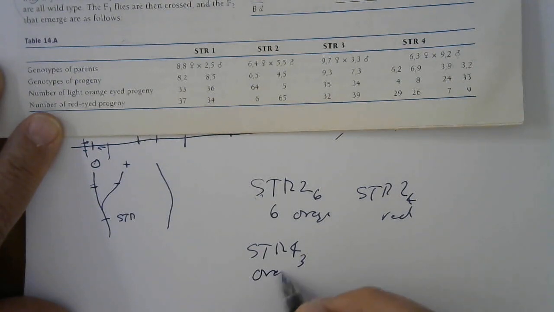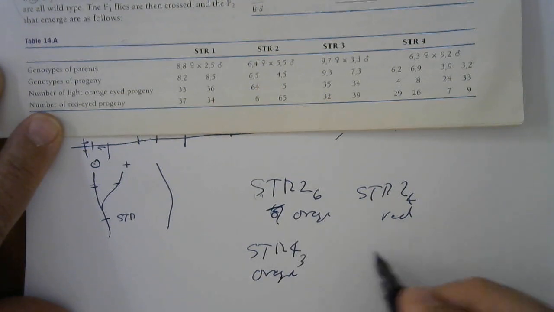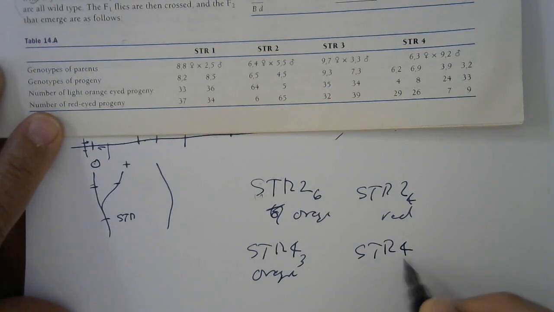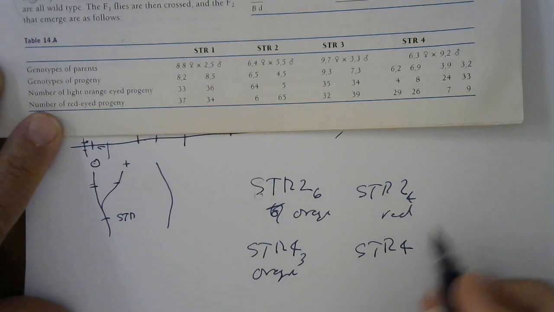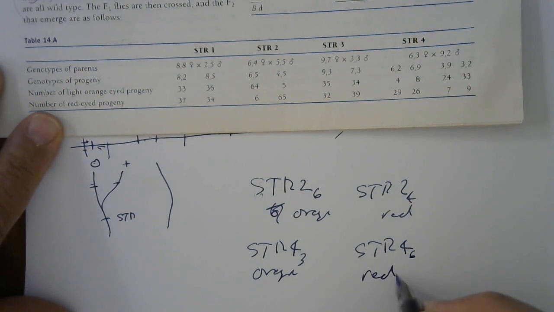They're different. STR4 with 6 repeats is red.